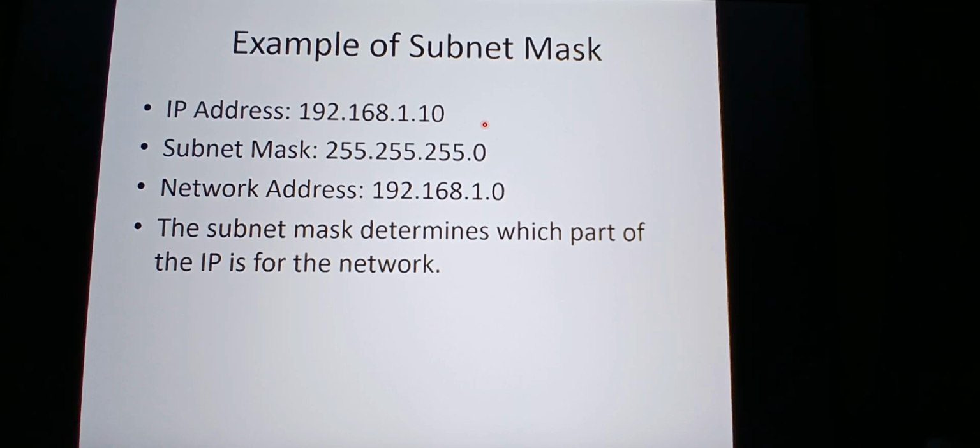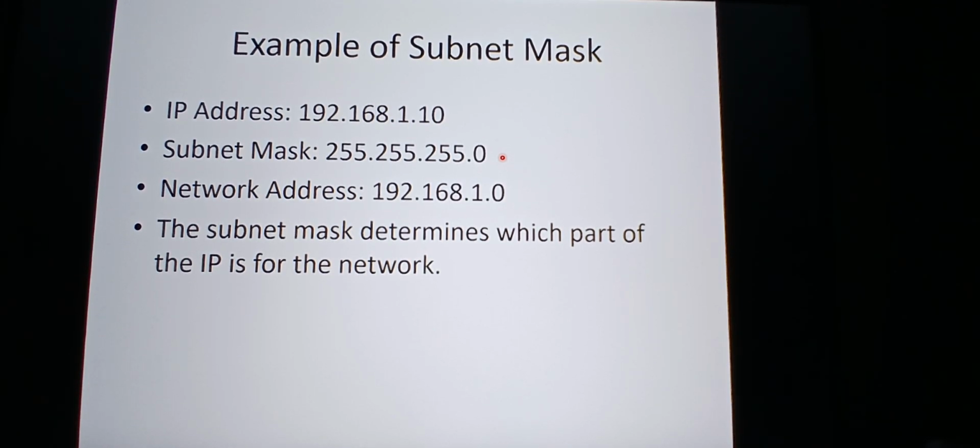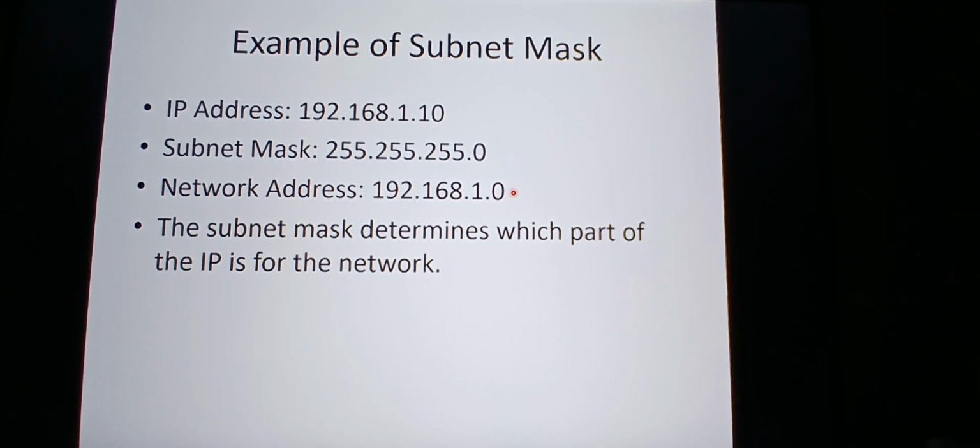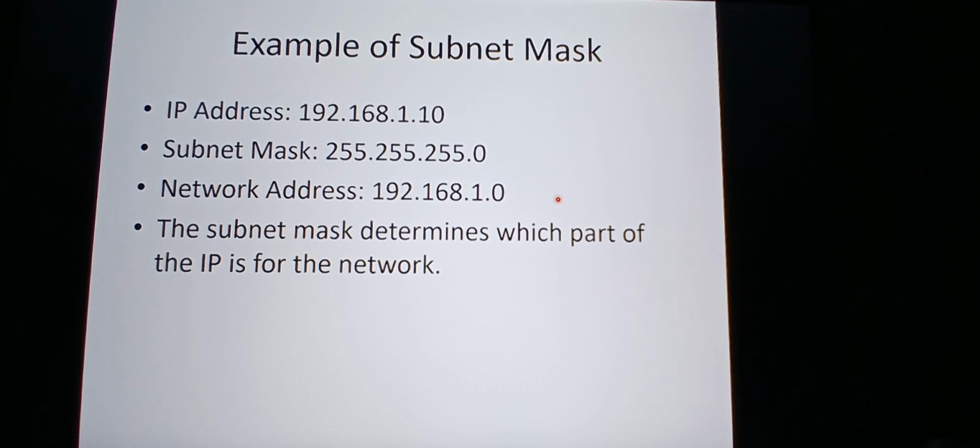After doing that, we just perform a simple binary AND operation between each respective part of the address. For example, 192 AND 255, 168 AND 255, 1 AND 255, and 10 AND 0. So the result we get will be 192.168.1.0. And that's it. That's the network address.